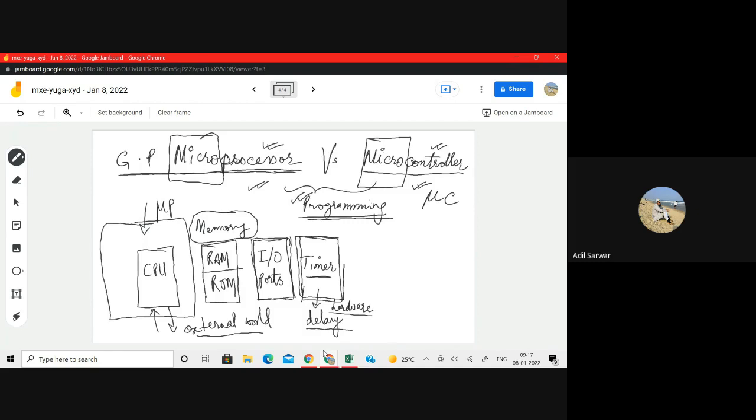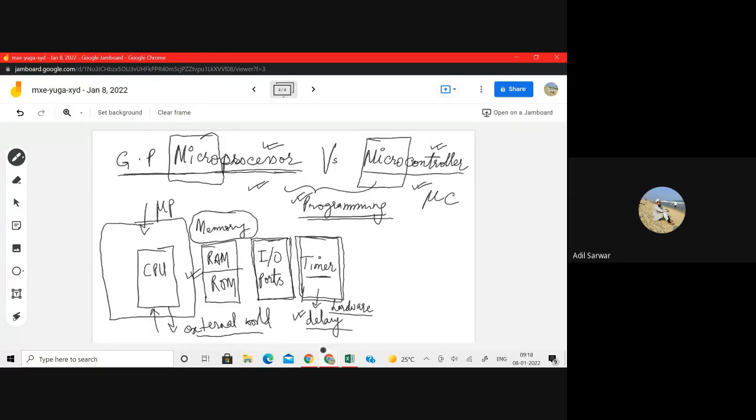Timer is a hardware whose role is to produce delay. This is a peripheral which we require to be interfaced to the CPU of the microprocessor. Why do we need a timer?